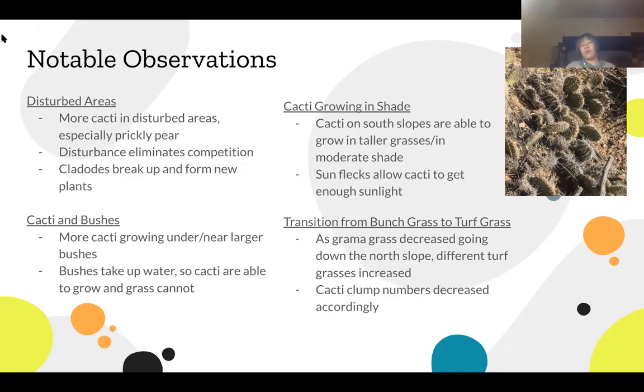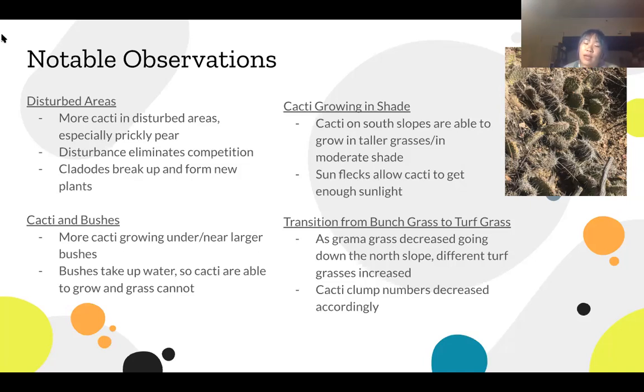Another observation we made is that we usually found big clumps of cacti under a pretty big bush. And we suspect that this is because the bush is a main competitor for water, and it outcompetes all the grass species.